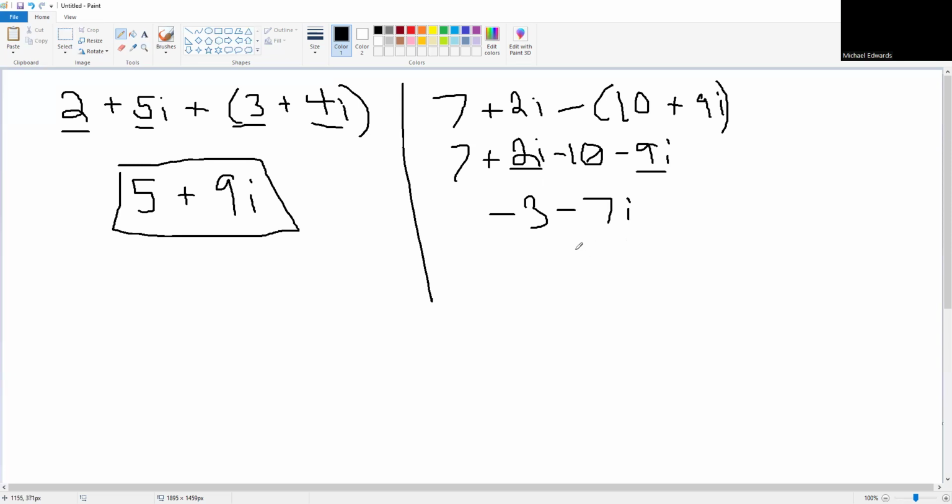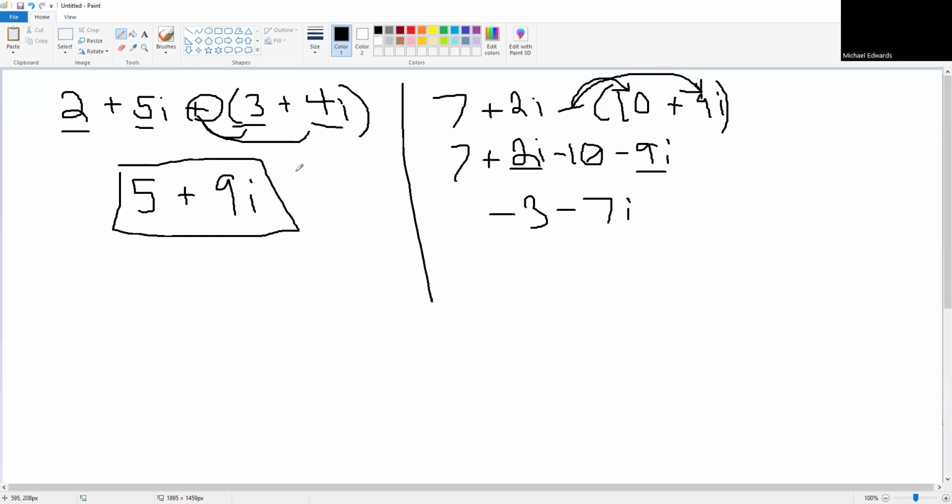Watch those negatives. Watch the distribution of negatives. This will get you every time. I'm telling you. You ask, why didn't we do it here? Well, I kind of did, but because everything was positive, it didn't really matter. You distributed positive in, it's still all just positive.